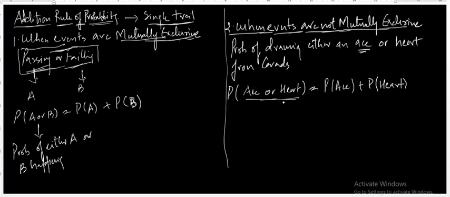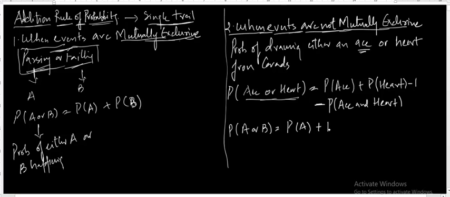Such an event needs to be subtracted, which means I need to subtract the probability of ace and heart. With this modification, the addition rule of probability becomes: probability of A or B is equal to the probability of A plus the probability of B minus the probability of AB.